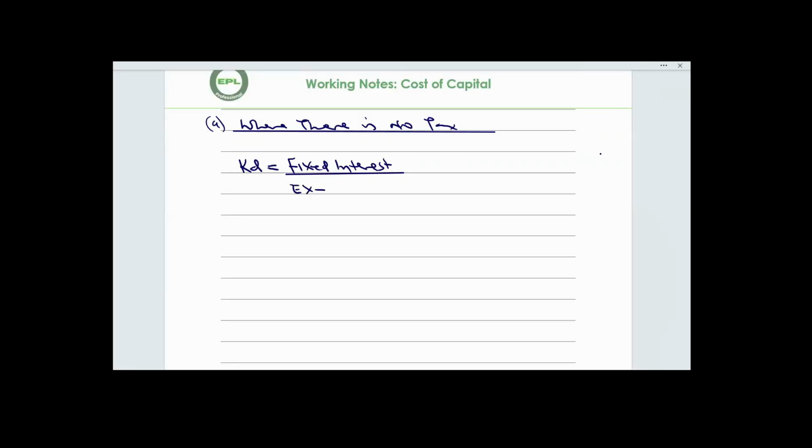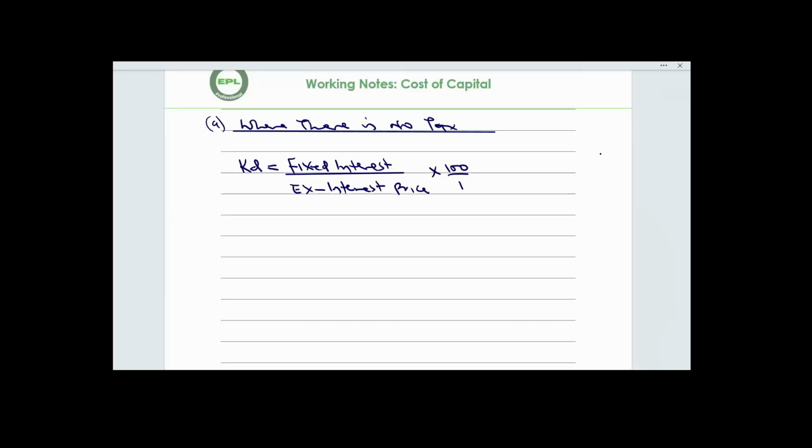You will recall under cost of equity, the denominator is called ex-div share price. So under debts, it is called ex-interest price, multiplied by 100 over 1. This is the formula for calculating cost of irredeemable debt where there is no tax.